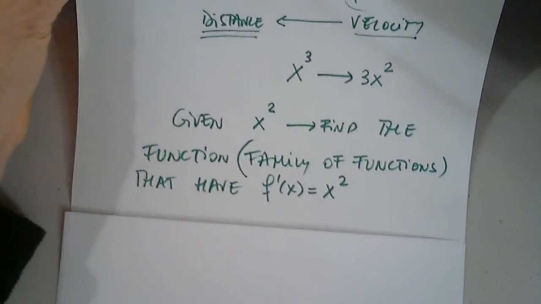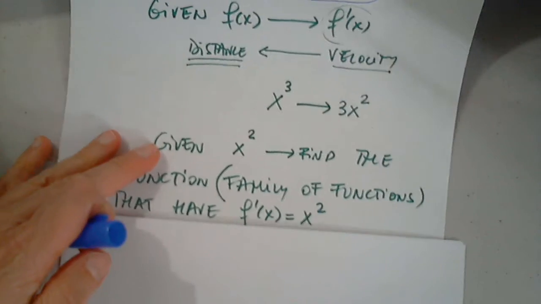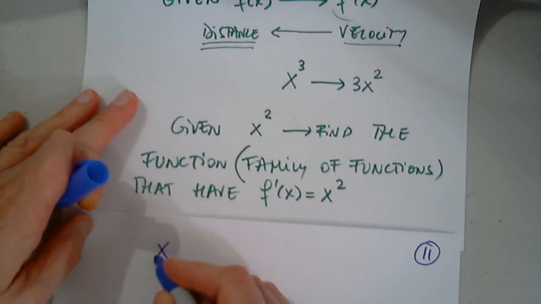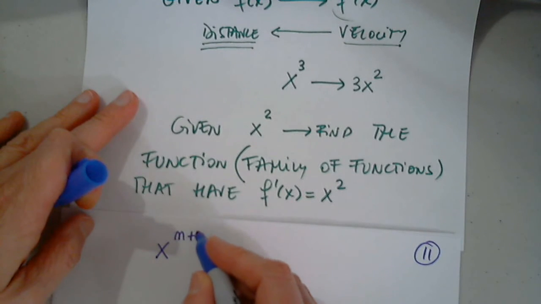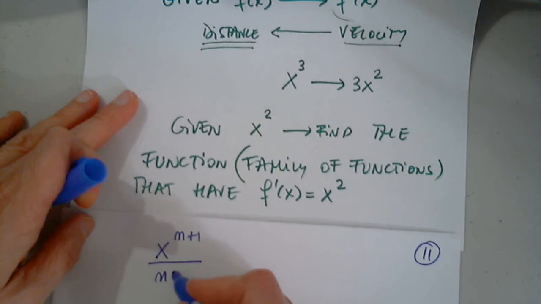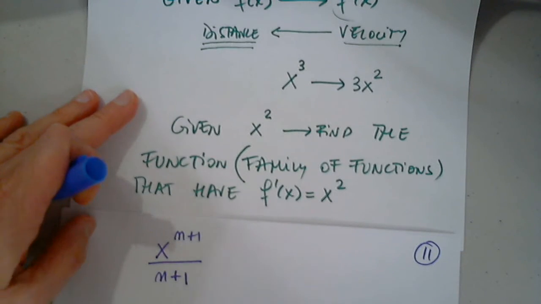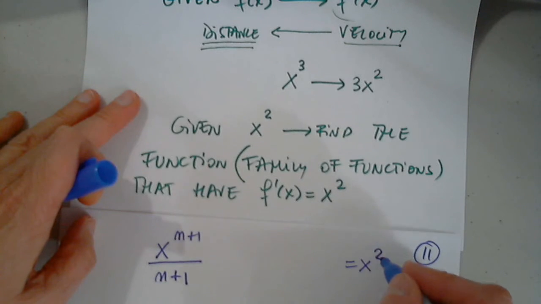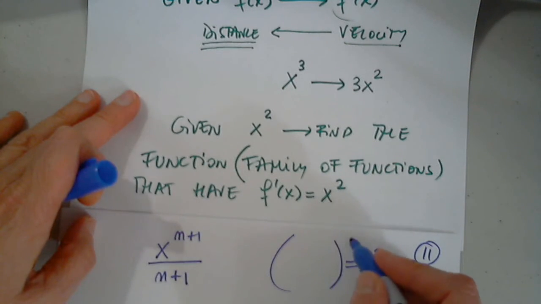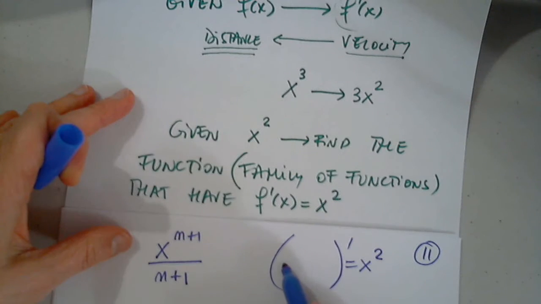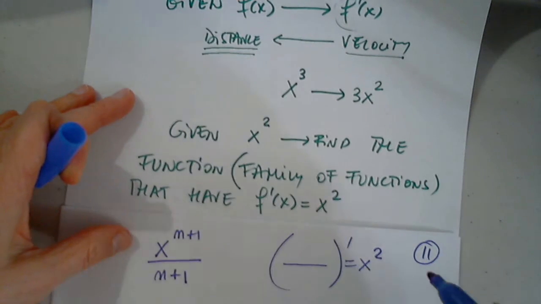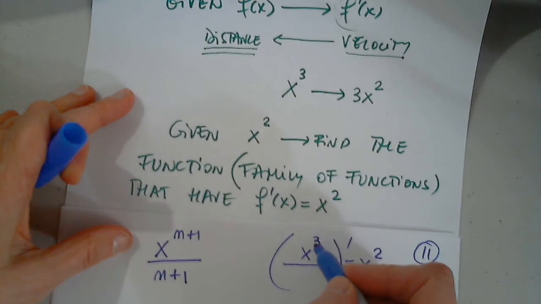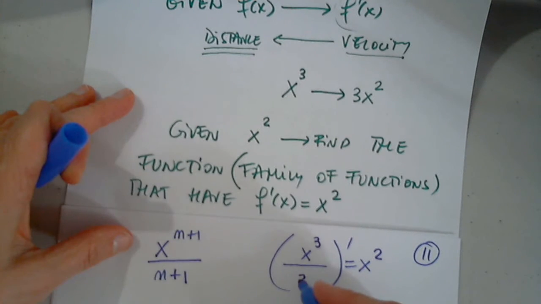So to reverse the process, here is the rule for power: x to the n plus 1 over n plus 1. If I want to get x to the second power, where n is 2, it will be x to 2 plus 1 divided by 2 plus 1.